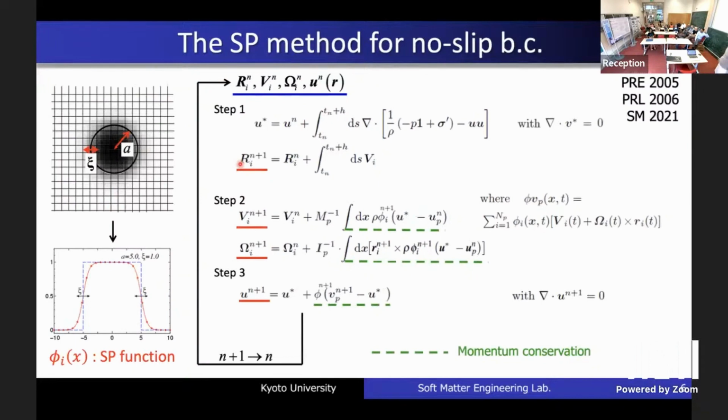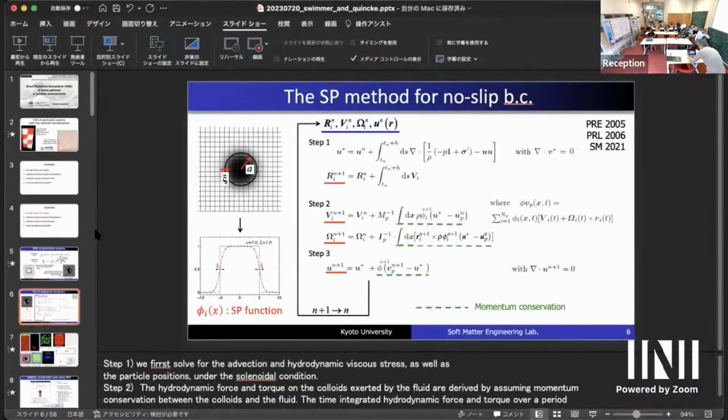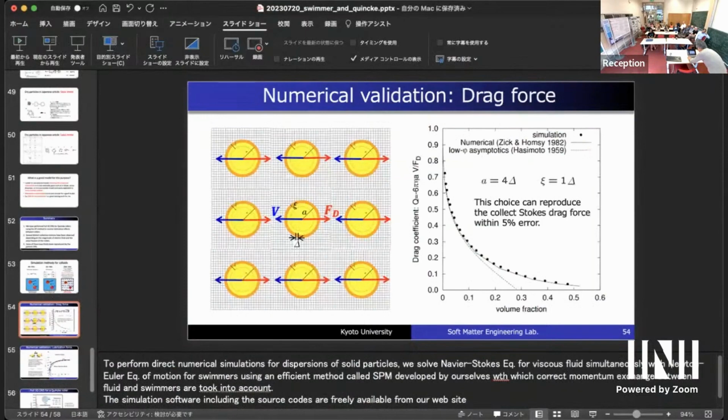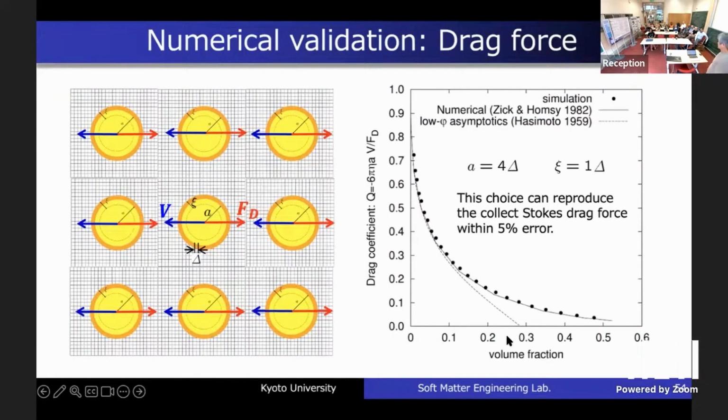With the diffuse layer, there can be limitations with respect to things like lubrication forces or high density systems, presumably. Yes, of course. Maybe it's already a good time for me to explain the accuracy. This is the accuracy when we calculate the drag force acting on an array of particles.